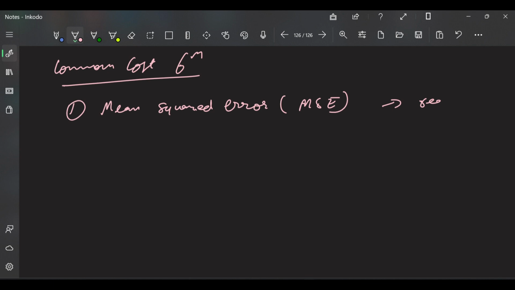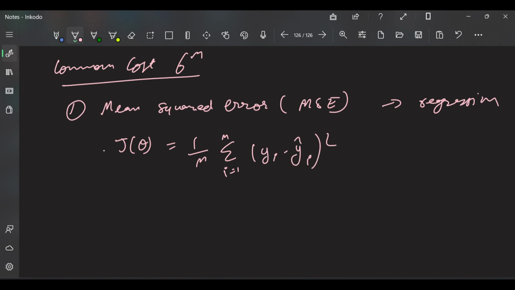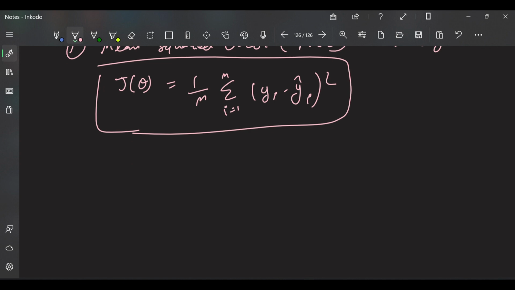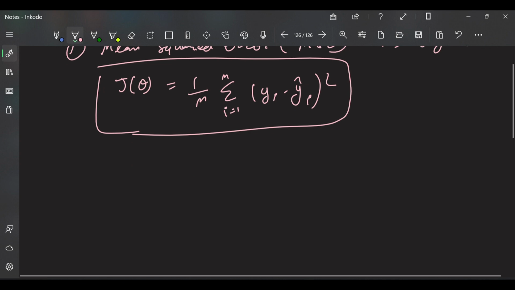In regression, J of theta is equal to 1 by n into summation of i equals 1 to n of (y of i minus y cap of i) whole squared. So this is your mean squared error. For example, predicting house price, we use this.